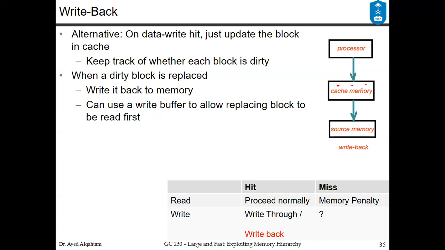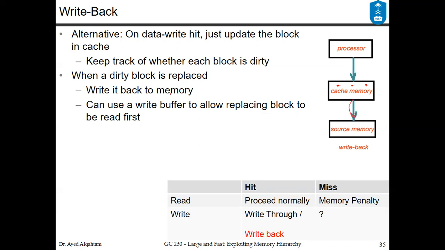To do this, there is a single bit. We already know that there is a valid bit. Now we have another bit called the dirty bit. Whenever I write on a cache location, you make its dirty bit equal to 1. And now, when a dirty block is replaced, you write it back to the memory.